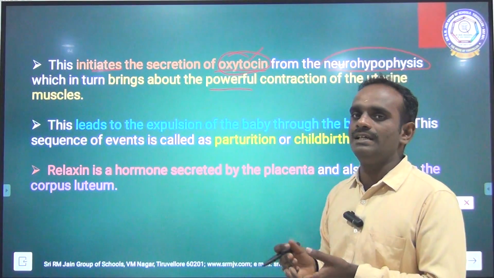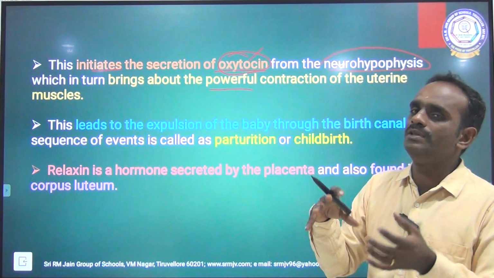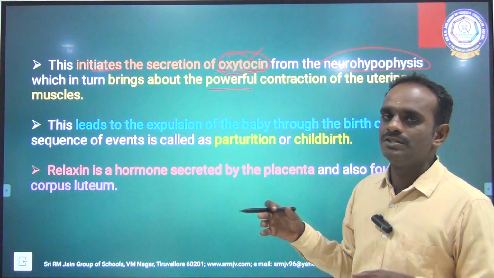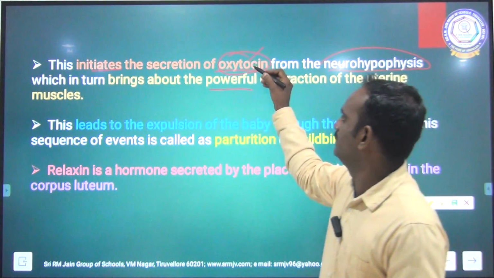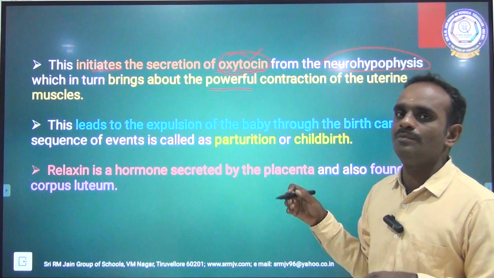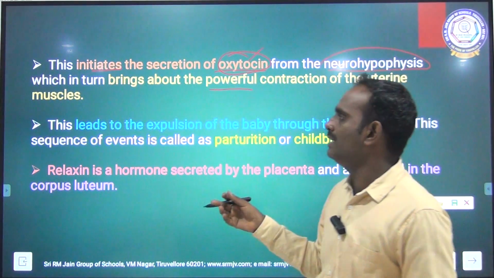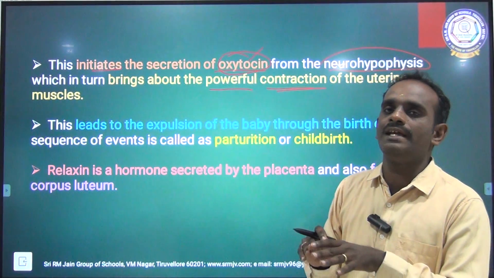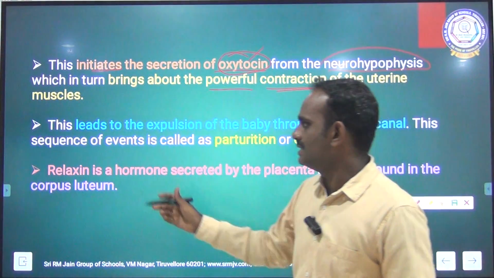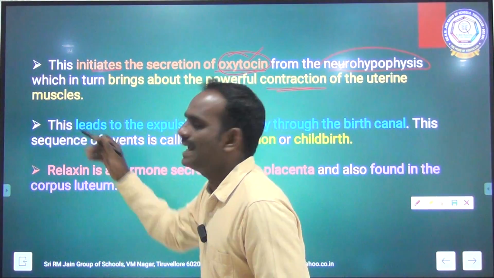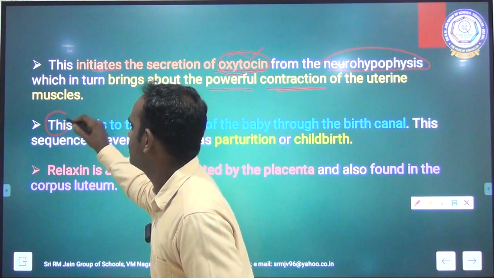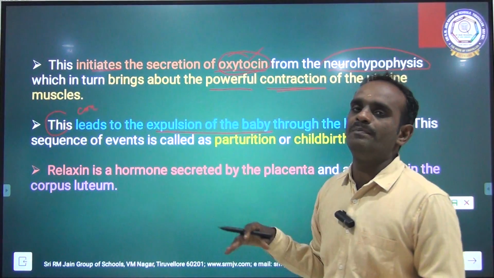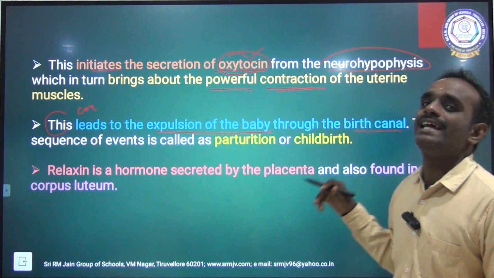This oxytocin brings about powerful contraction of the uterine muscles. This contraction leads to expulsion of the baby through the birth canal.